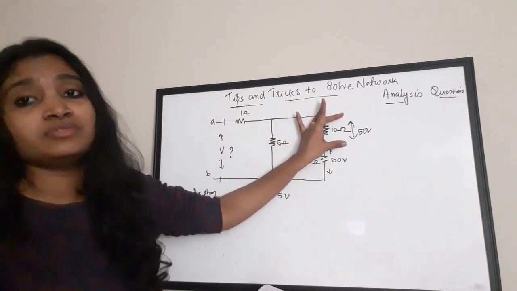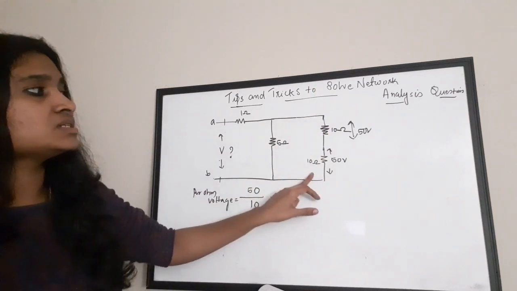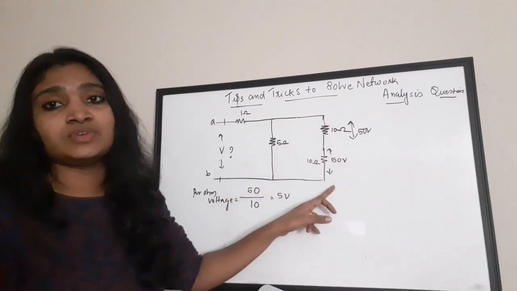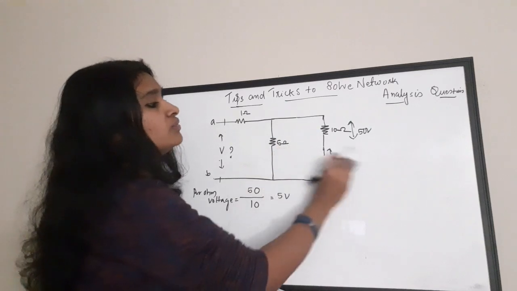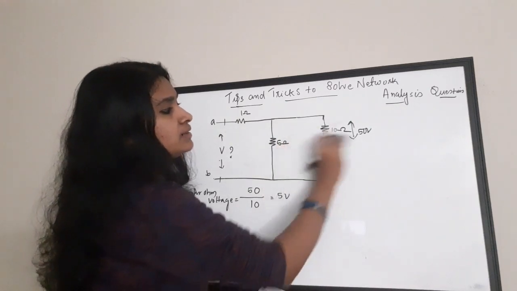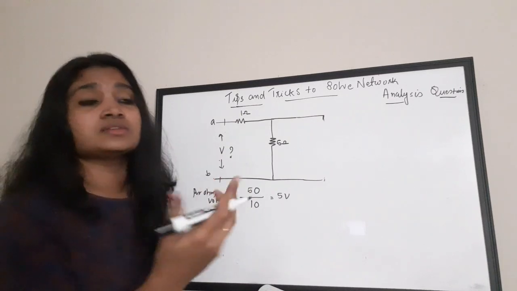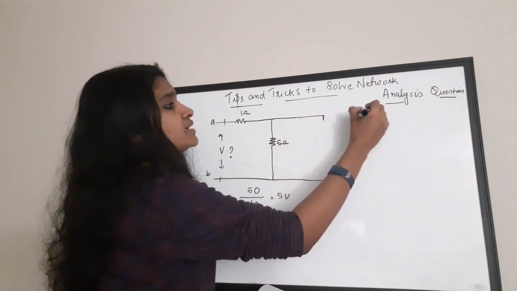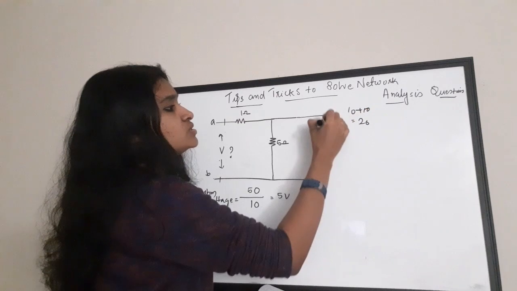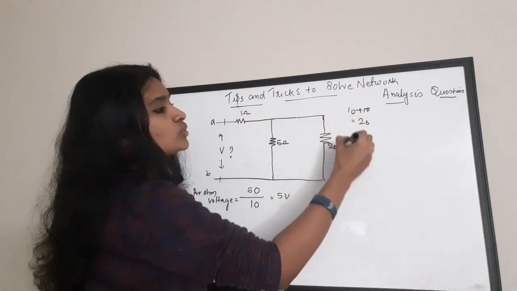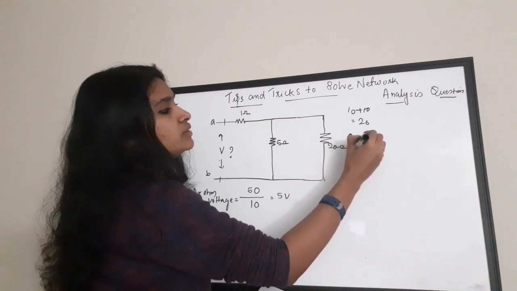They are connected in series, so the total resistance is 10 plus 10, which is 20 ohm, and the total voltage is 50 plus 50, which is 100 volt. So we can replace them with a 20 ohm resistance with a total voltage of 100 volt.